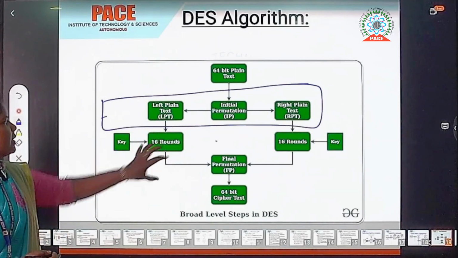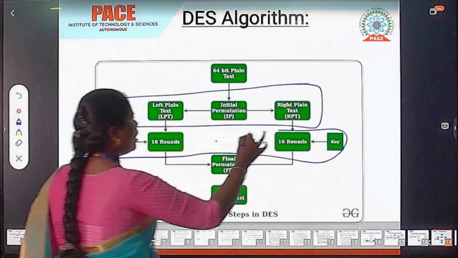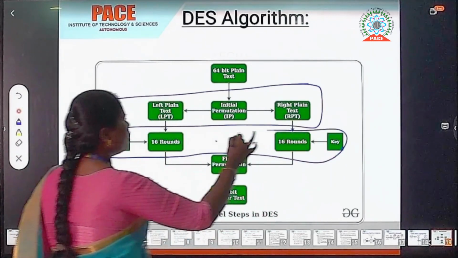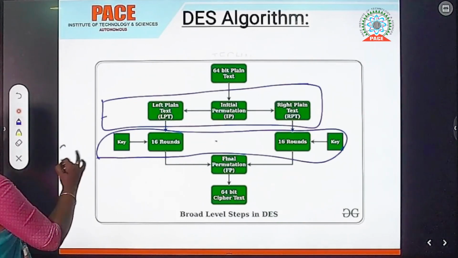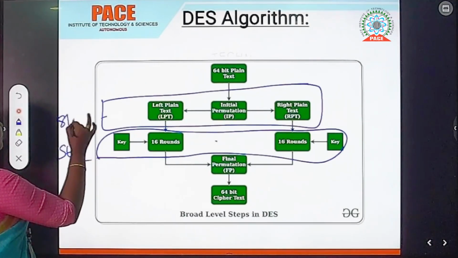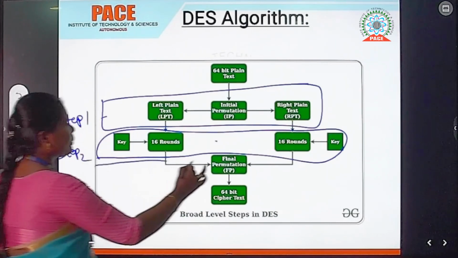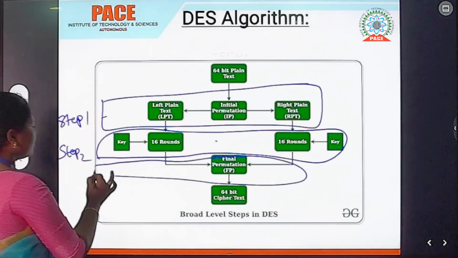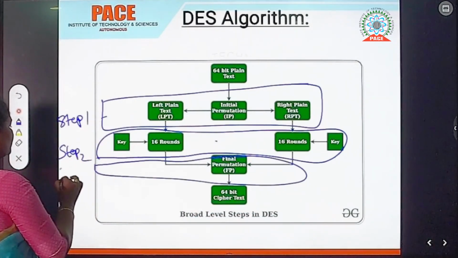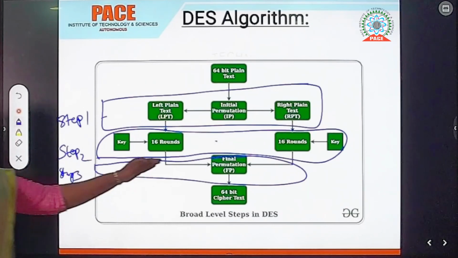This is called step 2. This is step 1. And finally, the third step is the final step, step 3, the final permutation. This is the overall 3 steps in our DES algorithm.